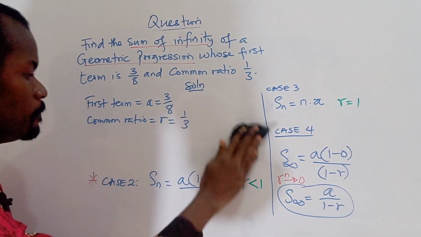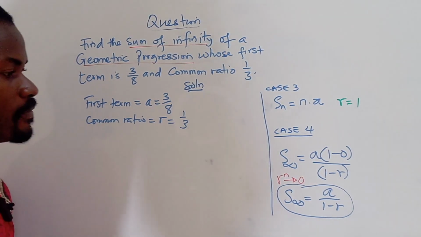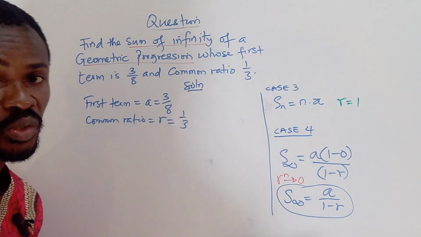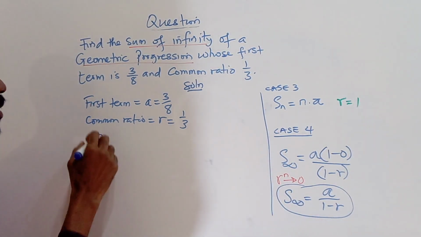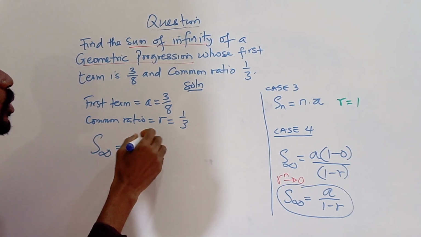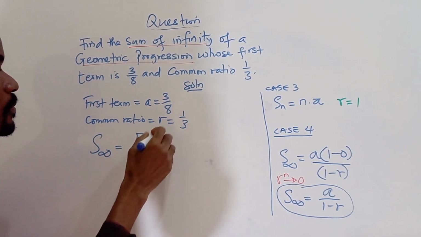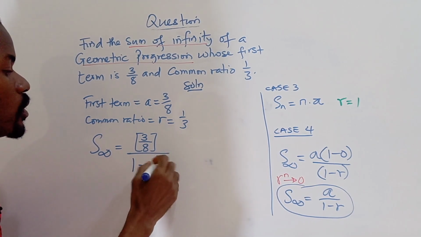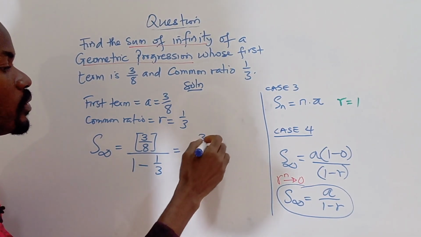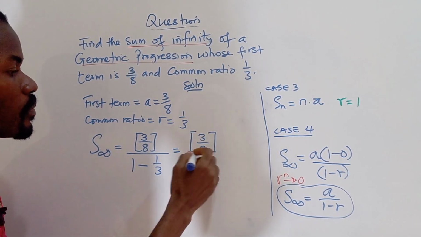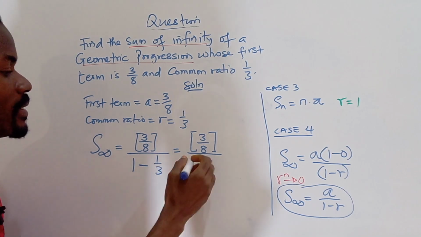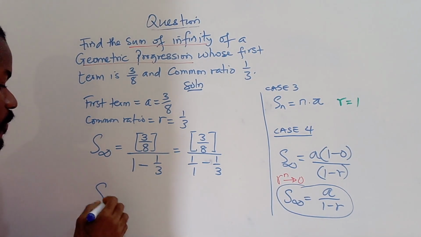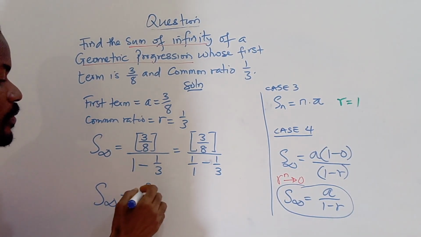So we are going to use this formula to solve the problem we are given. Let's input the values of a, which is 3 over 8, and r, which is 1/3, into that expression. So our sum of infinity is going to be 3 over 8 divided by 1 minus 1/3. This gives us 3 over 8, divided by, I can write this as 1 over 1 minus 1 over 3.